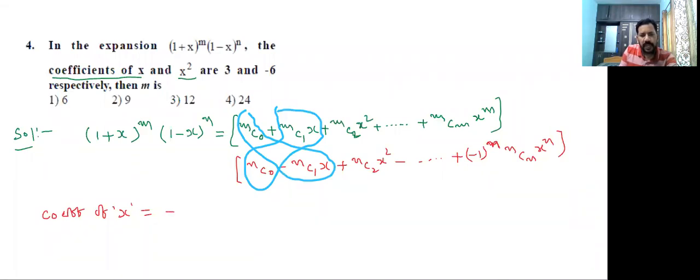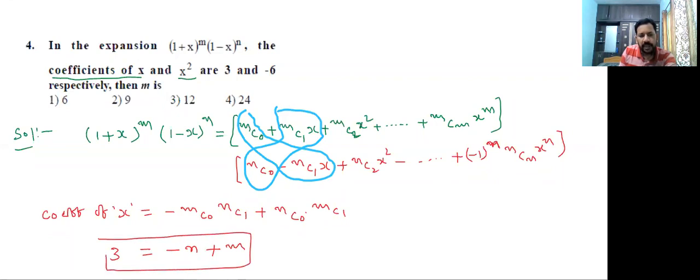First, minus mC0 into nC1 plus nC0 into mC1. Students, for the coefficient of x, only these are possible. And the coefficient of x value is already given, that is 3. So 3 is equal to minus (mC0 means 1, nC1 means n) plus (nC0 means 1, mC1 means m). So finally, the m minus n value we got is 3. Okay, next condition.